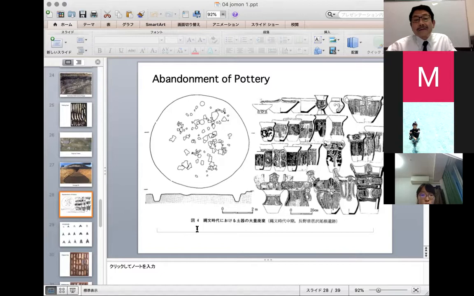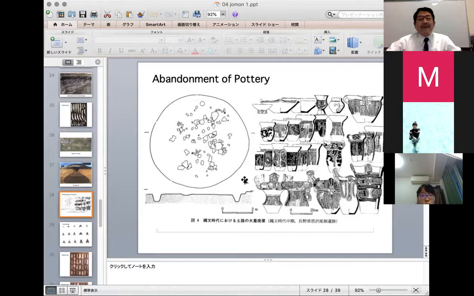And here's an excavated pit dwelling, the plan, and this is the cross section. You see a post hole, and probably a fireplace here. This is only a part, but so many pottery fragments were excavated. And when you reconstruct all the fragments found from this one dwelling, it will be like this, abundant, so many potteries.